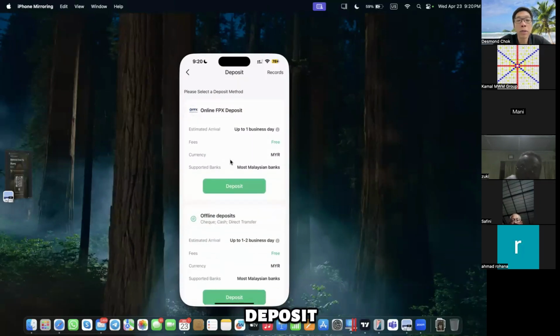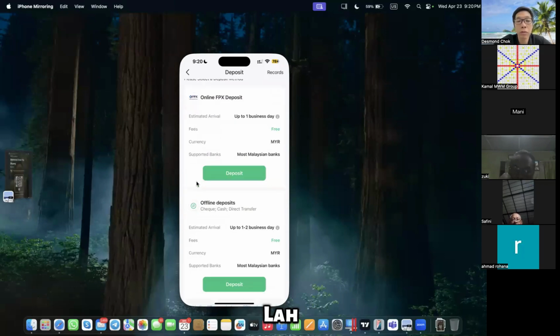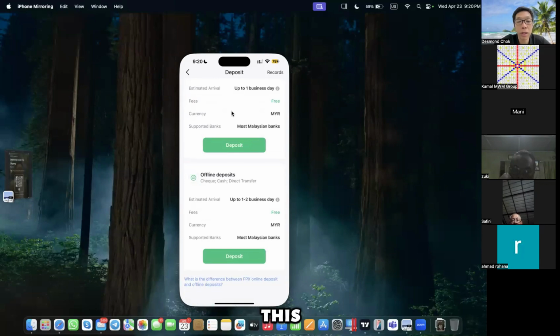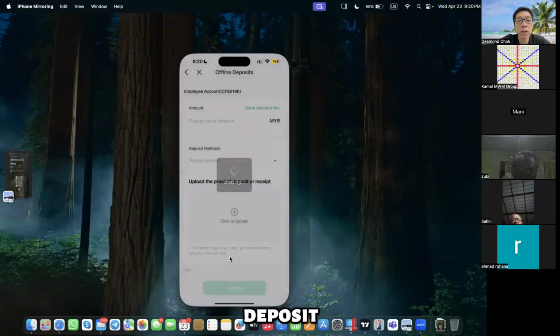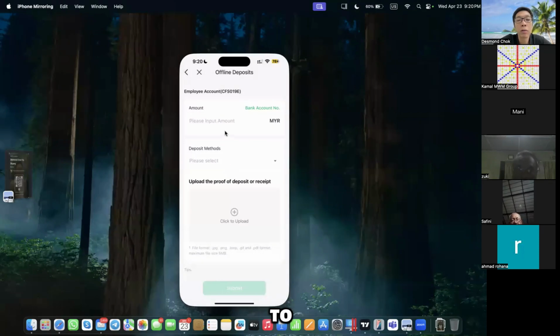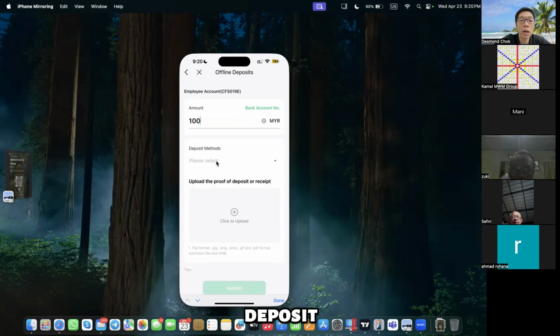This FPX deposit is just like when you buy from Lazada or Shopee lah. Just transfer the fund to your e-wallet or maybe from this Touch 'n Go. This offline deposit is like a normal bank transfer transaction. So when you click here deposit, then you need to key in your details. Okay, let's say I want to deposit by offline deposit. There's no minimum amount. Let's say you want to deposit 100 also can. Okay. Deposit method.